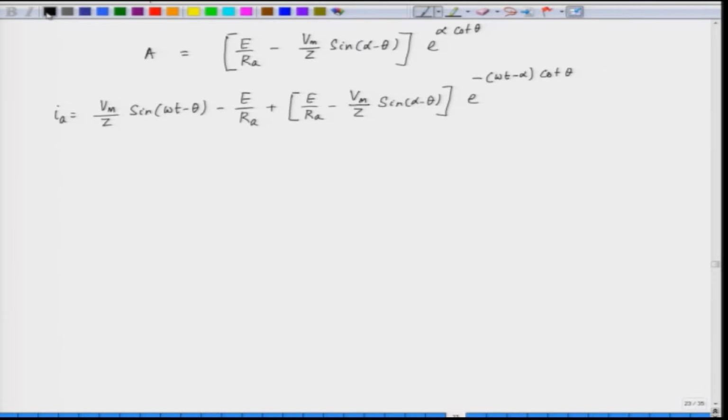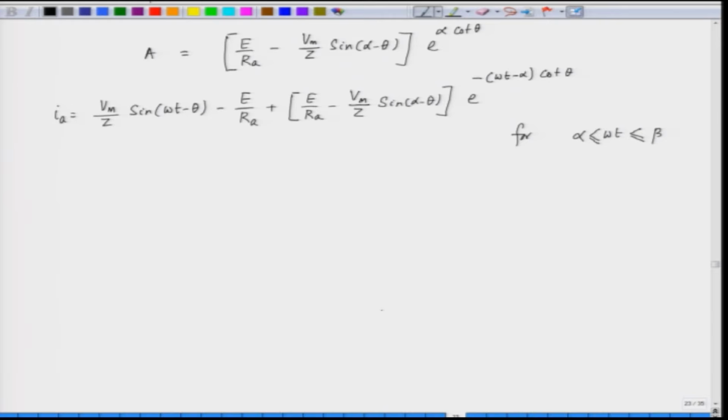This equation is the equation of current for omega t greater than alpha and less than beta. You can say greater or equal to alpha also, it does not matter. So, this is the value of IA.